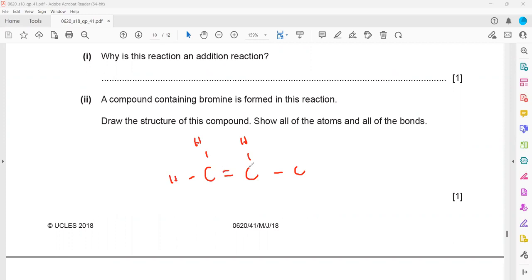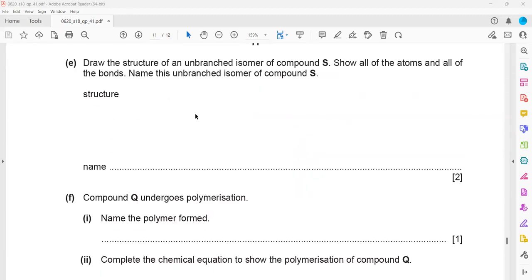This is the first structure we draw. That was propene. But what will happen when the double bond breaks? As the double bond breaks, one bromine is added to the first carbon, the second bromine is added to the second one. And this is also a test to check the presence of a double bond, that it undergoes an addition reaction and decolorizes the bromine: orange to colorless if it's bromine water.